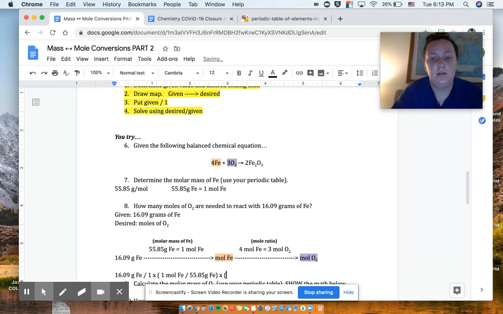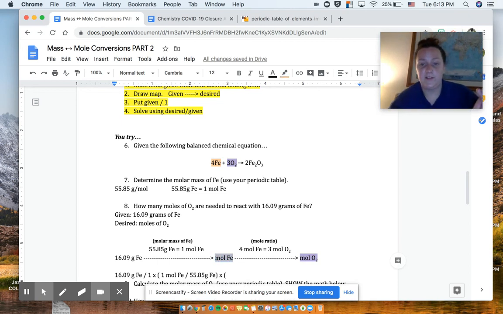And then we're going to multiply again using the mole ratio, this second step, using desired, which is moles of O2 in the second step, over given, which is moles of Fe for this step, because we're on that second part now. So we want the one with our desired on top divided by our given.